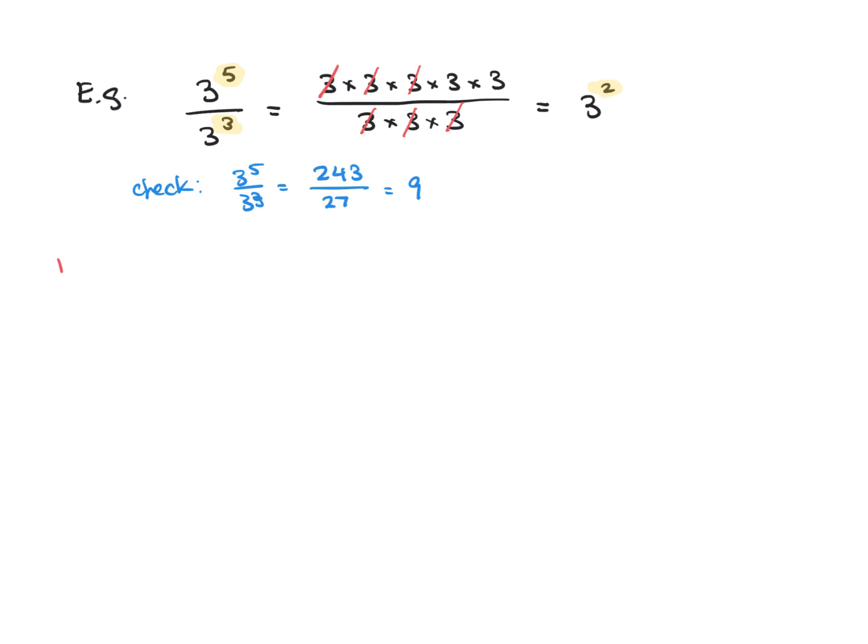So I'm going to call this dividing powers with the same base. They have to have the same base. In this case, the base is 3. So the generalized version, I'll use the letters.